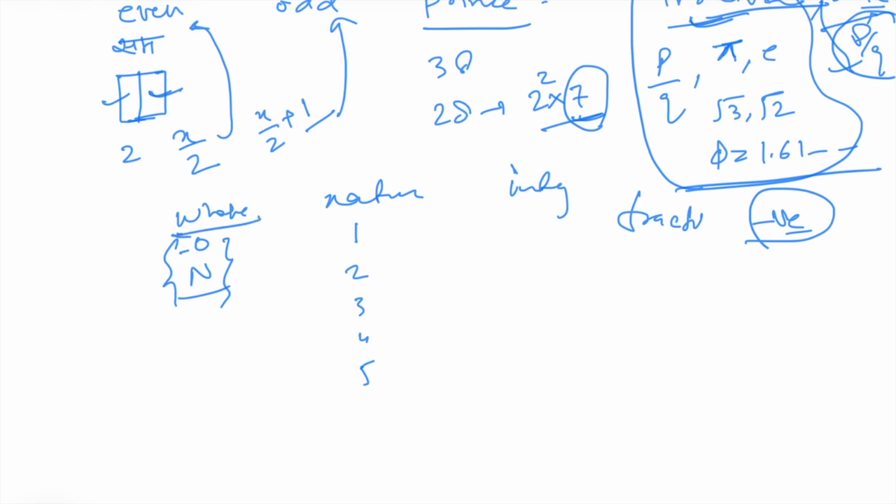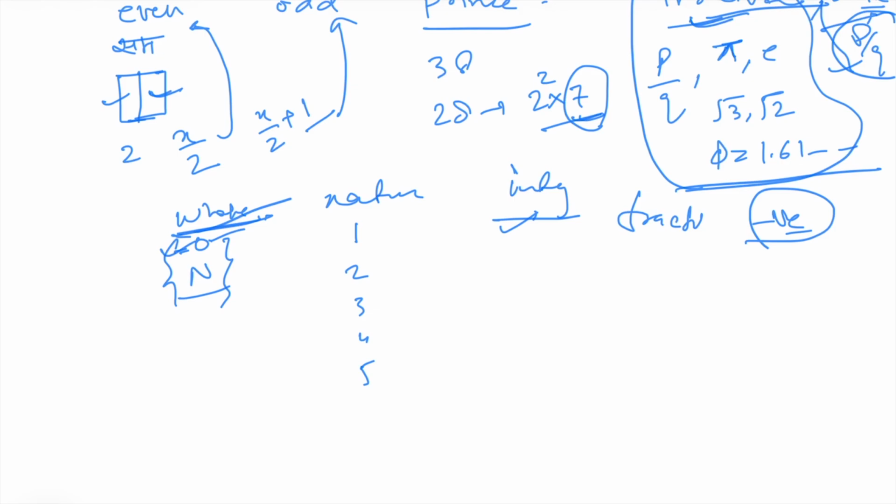Wholeness means that it doesn't have fraction. But 0 being invented later on and not present in nature, it is called whole number. Integer we know there could be a positive integer, there could be negative integers, right? These are also similar to whole number.